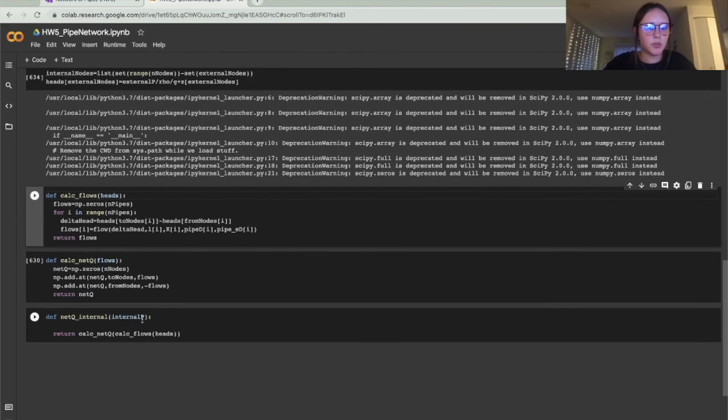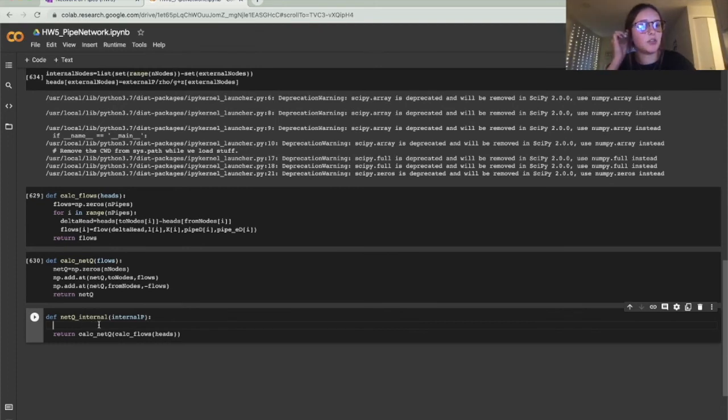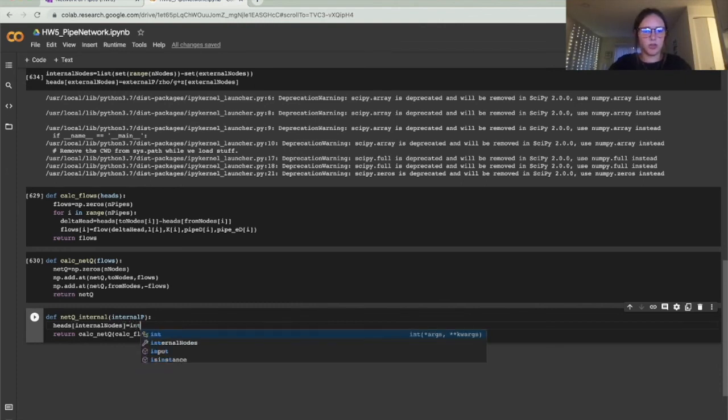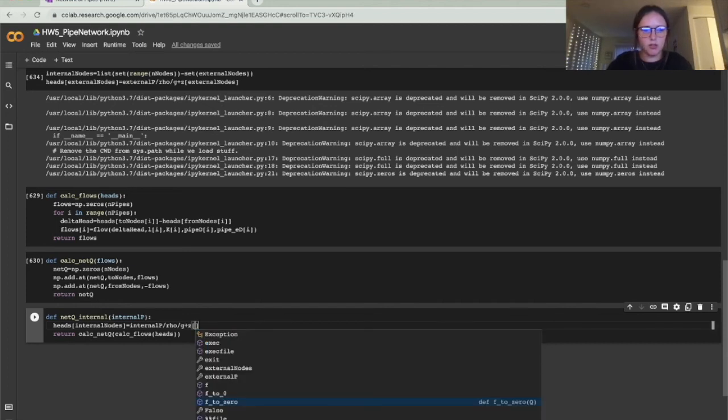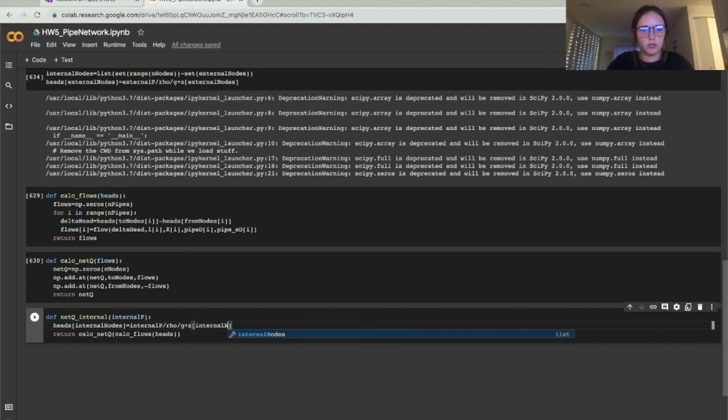And so that is going to be the same thing for the internal nodes, and we're actually going to put it inside of our function. And so we need heads of our internal nodes, and this is going to be equal to the internal pressure divided by rho divided by g plus the height of the internal nodes.